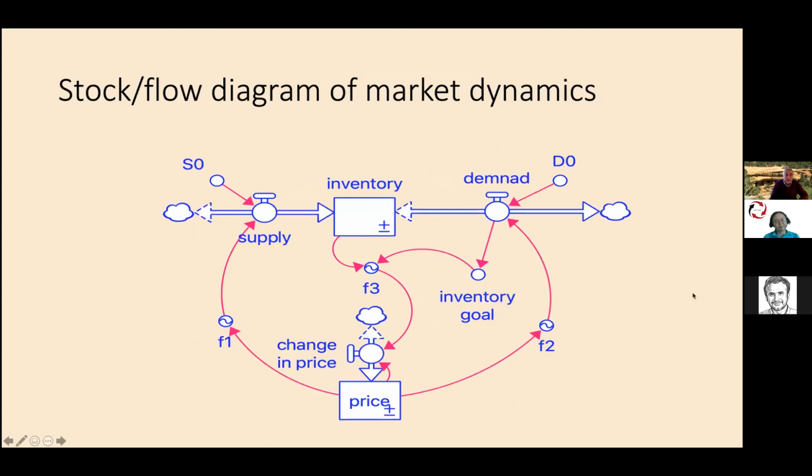Here is the market clearing dynamics rendered into a stock and flow diagram. There is the inventory that drives the price, and price influences demand through demand elasticity, and supply through the supply elasticity. And you might say that there is a feedback here, and is there a feedback here?